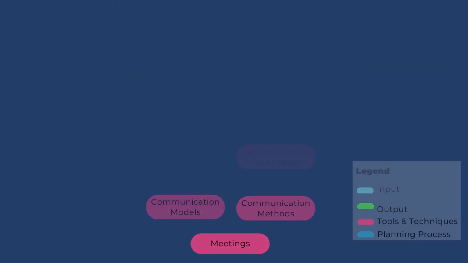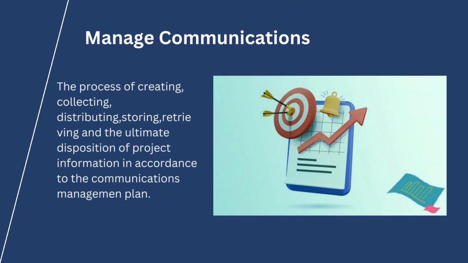as a result. We cannot plan everything in the process of plan communications management, so manage communications takes care of responding to those unexpected requests for information. Manage communications is done throughout the project life cycle. This belongs to the executing process group.